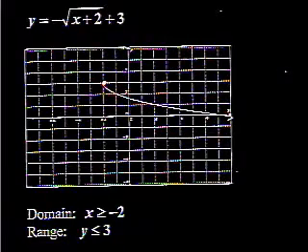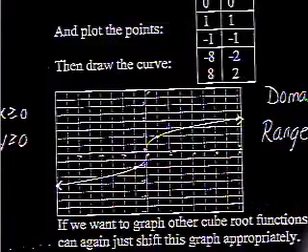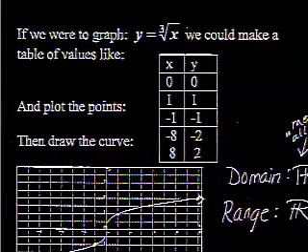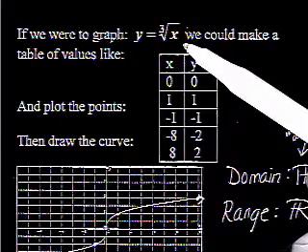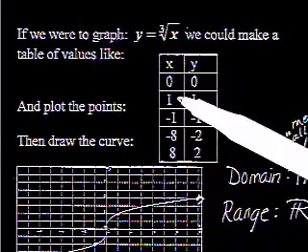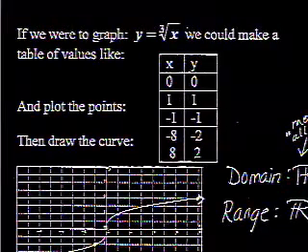Now there's a whole other type of graph in this particular section, and that has to deal with the cubic function. So we have y equals the cube root of x. And we can plug in values, but some of them are positive and some of them are negative.